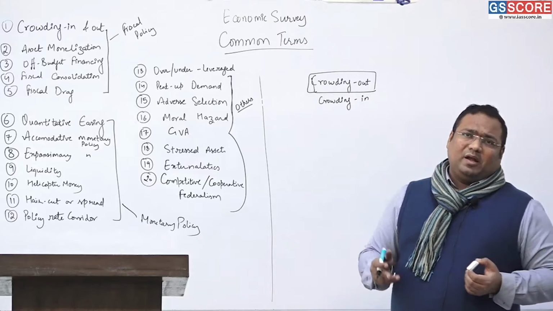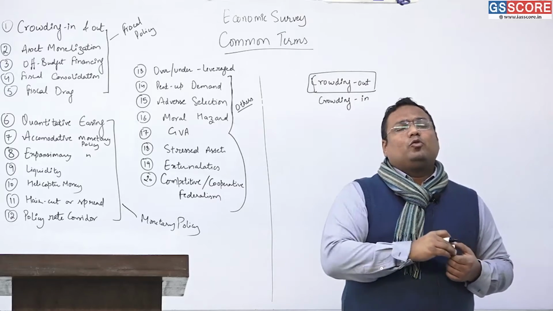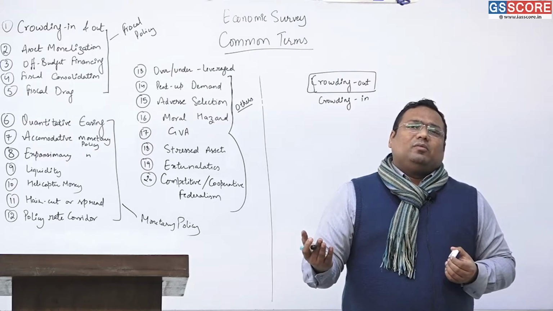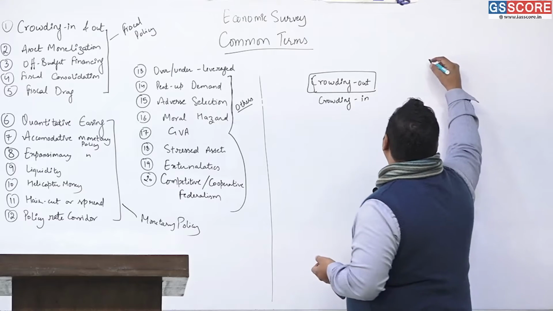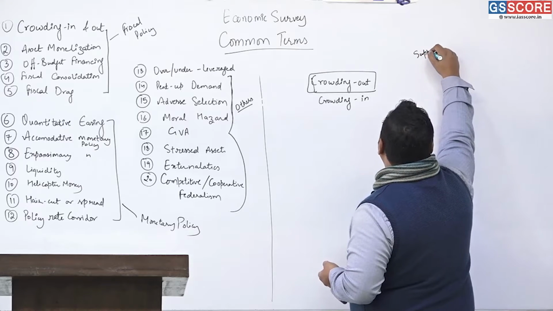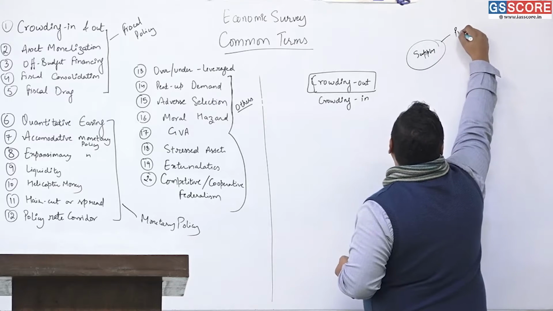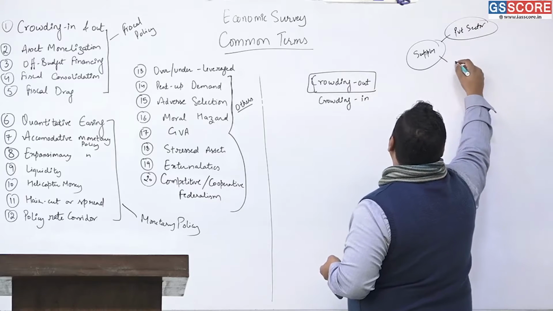Now, in such a situation, if at the same time the government also tries to invest and borrow through the market, then what will happen? Supply has not changed; supply is still the same. Demand from the private sector is already there, and demand from the government increases suddenly.